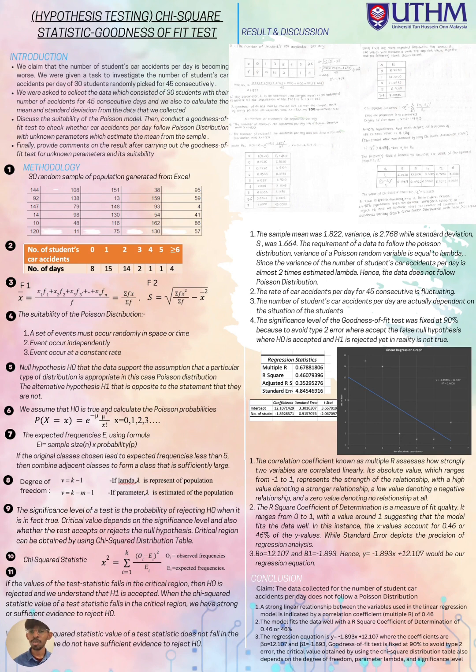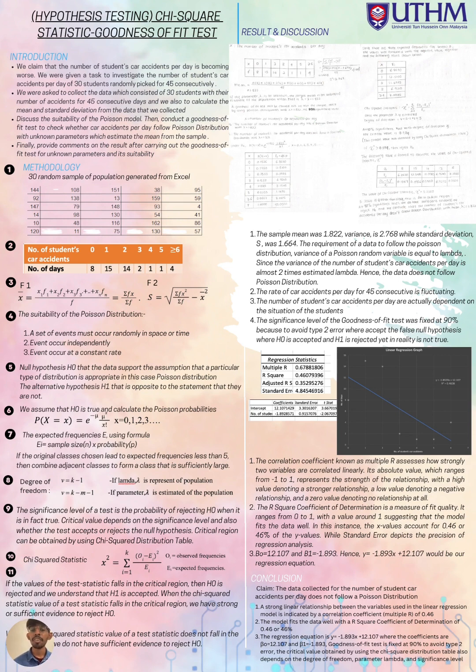Its absolute value ranges from -1 to 1, and then the R square, the coefficient of determination, is a measure of fit quality in the range from 0 to 1, with a value around 1 suggesting the model fits the data well.